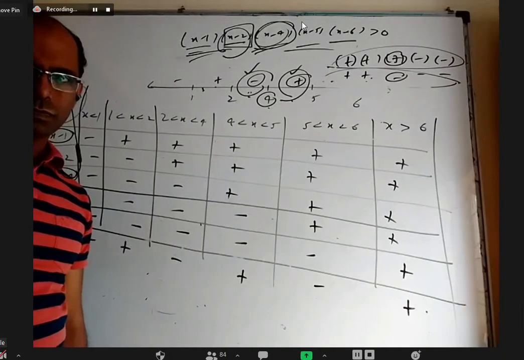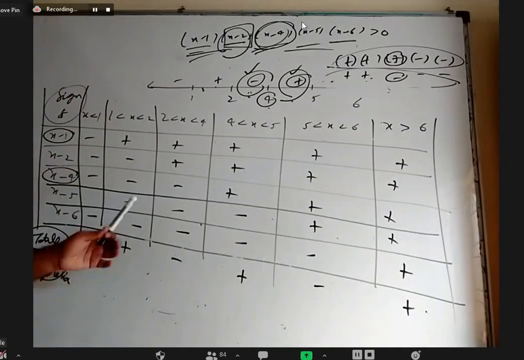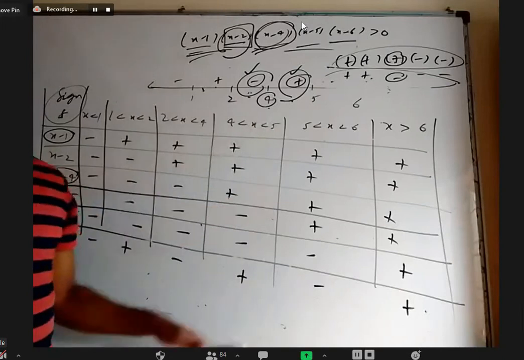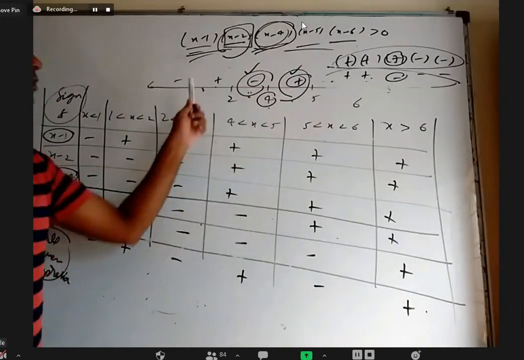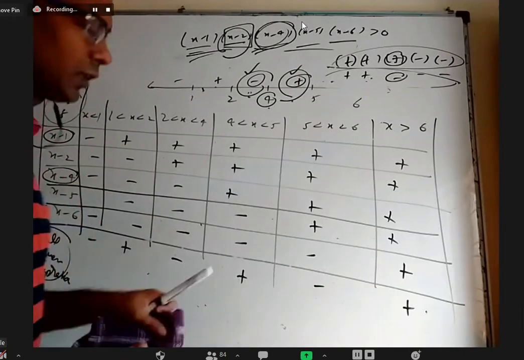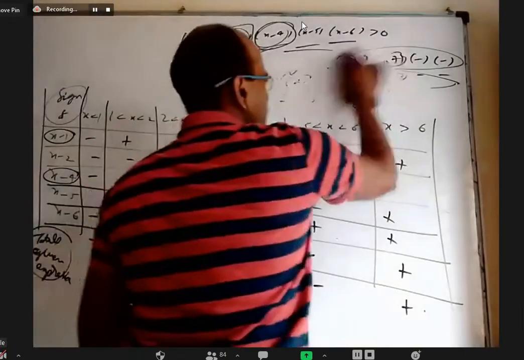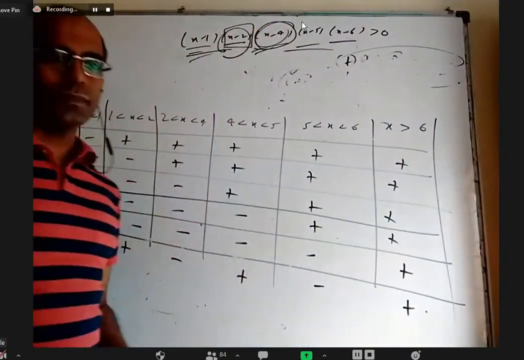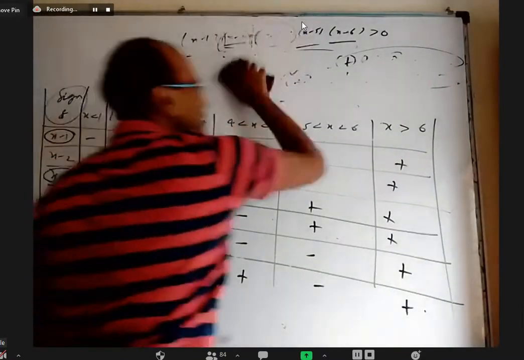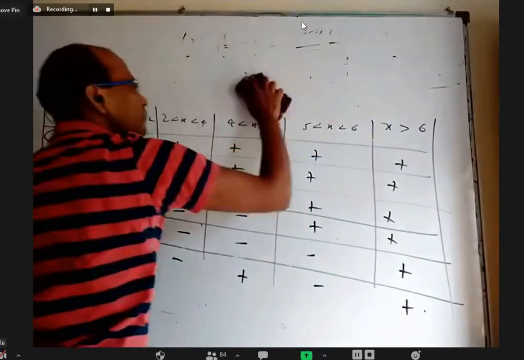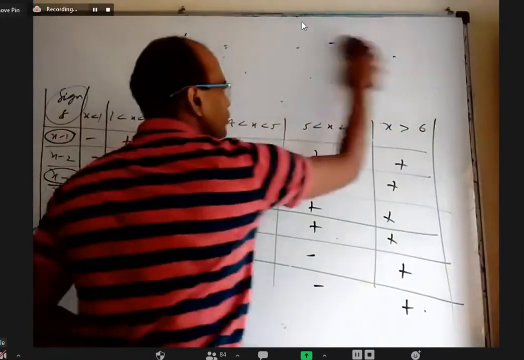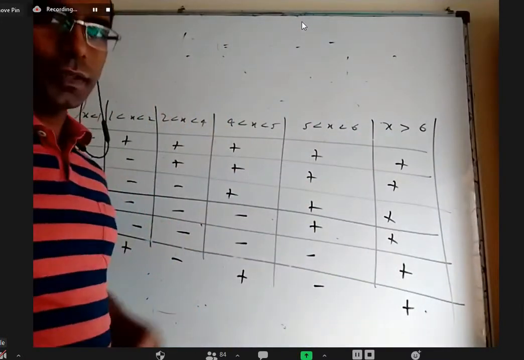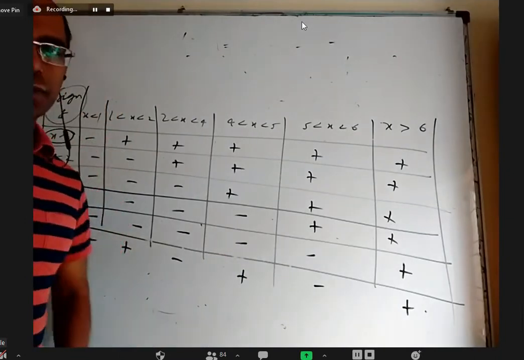No, sir. Okay. So in the future we don't draw such a big table. We just directly do it. This method is called the wavy curve method. I don't call any name. It is not like it is a standard name, like the Pythagorean theorem, a universal name that everybody uses.